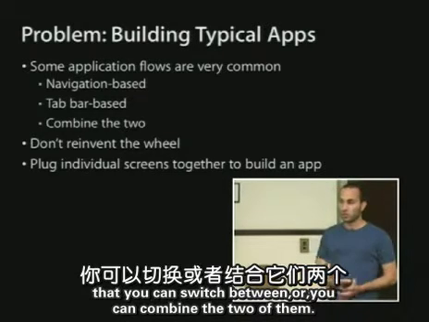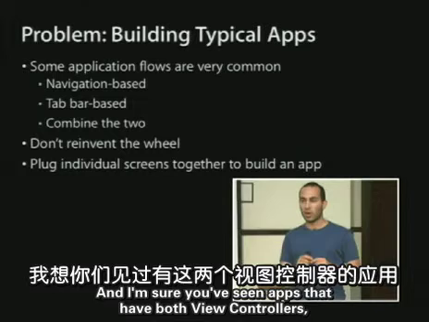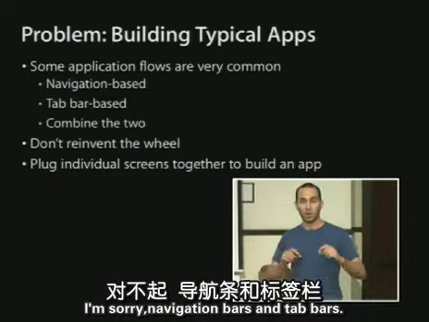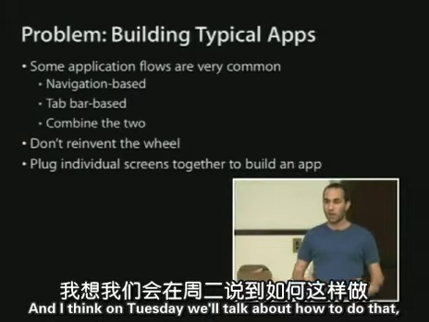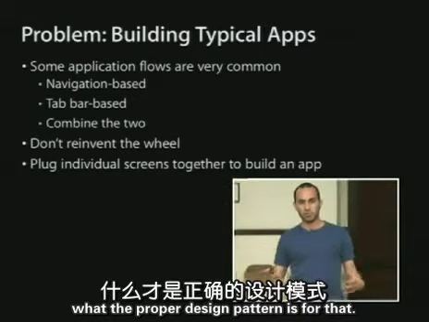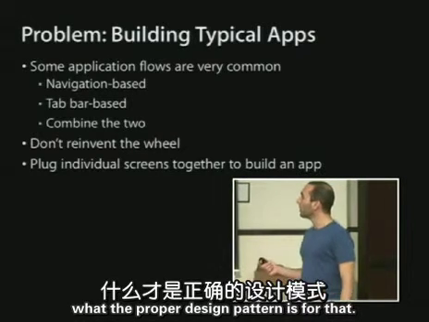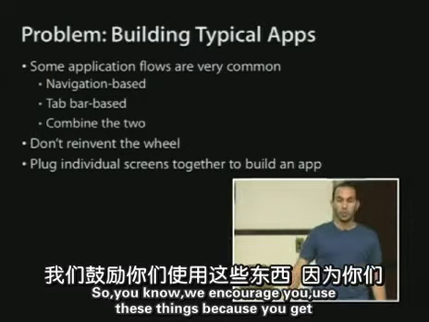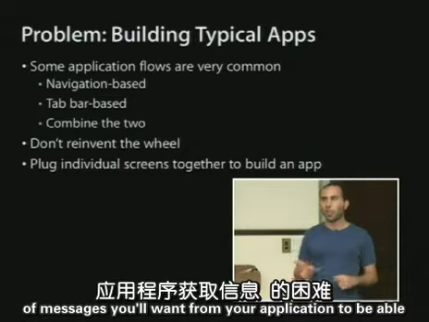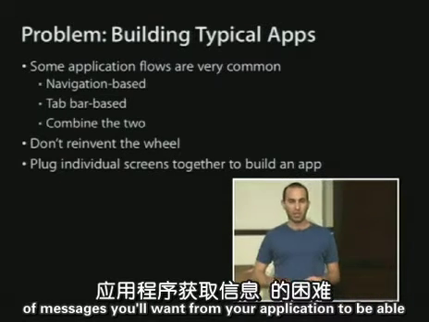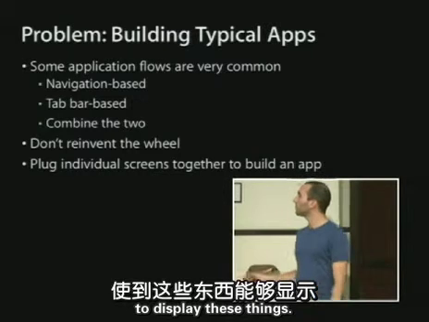Or you can combine the two, and I'm sure you've seen apps that have both navigation bars and tab bars. And I think on Tuesday we'll talk about how to do that, what the proper design pattern is for that. So, we encourage you to use these things because you get around having to reinvent the wheel for a lot of the messages you'll want from your application to be able to display these things.